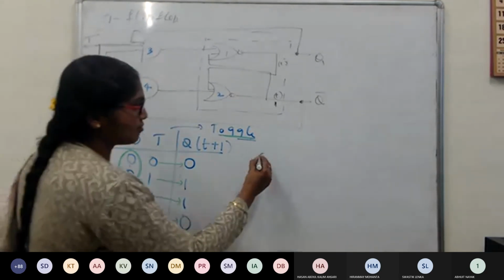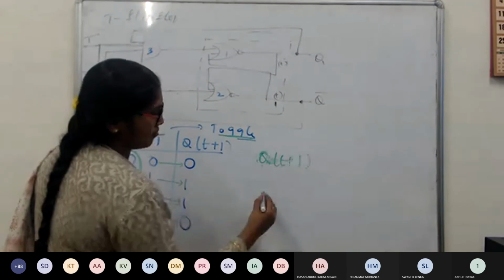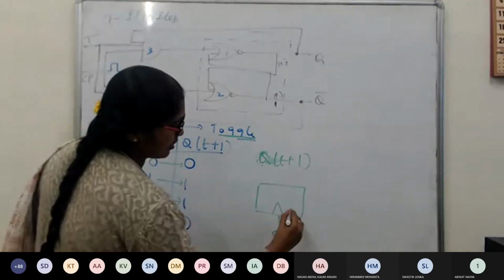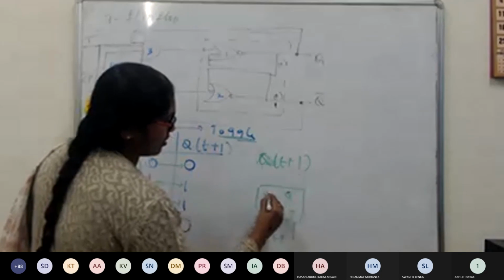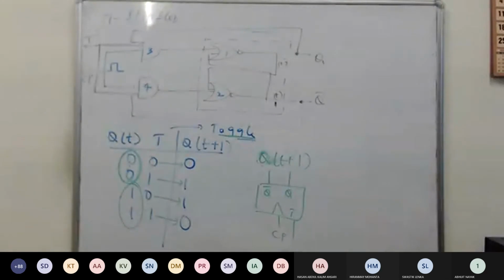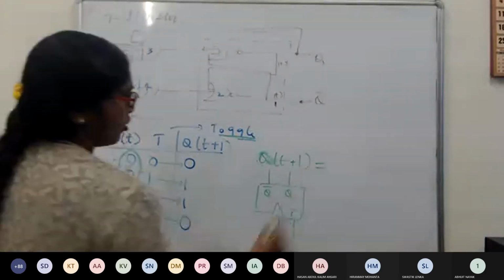So, characteristic equation. Q of t plus 1, how much is it?